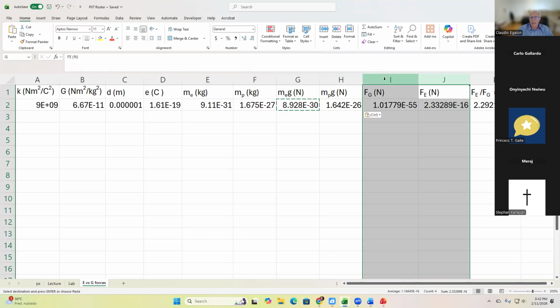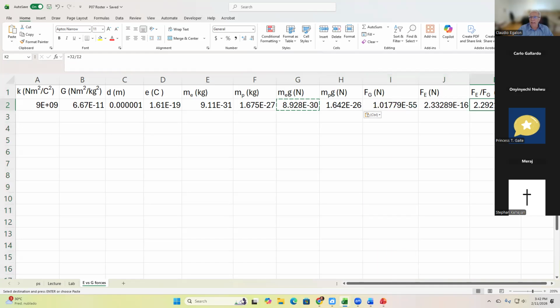The gravitational force of attraction between the particles is on the order of 10 to 39, 39 orders of magnitude. So when we are doing our calculation, if you're a chemist, for instance, you don't need to calculate. You can neglect completely the force of gravitational attraction.